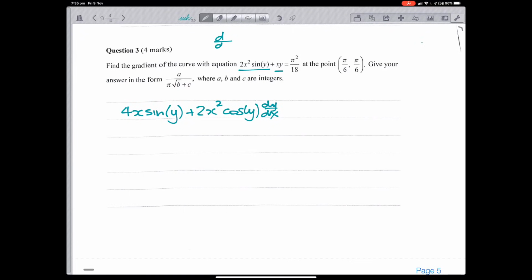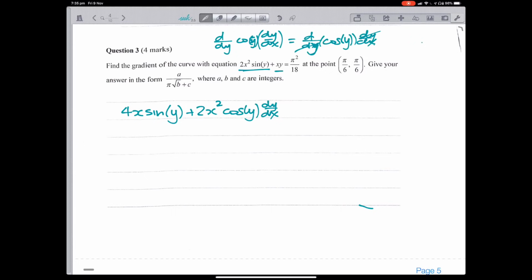Remember, d/dy of cos y becomes d/dx of cos y, because of the chain rule. So here, if I put a dy/dx at the end, I can change that to dy, because we know that dy and dy would cancel each other out, and we get d/dx, if you don't remember.